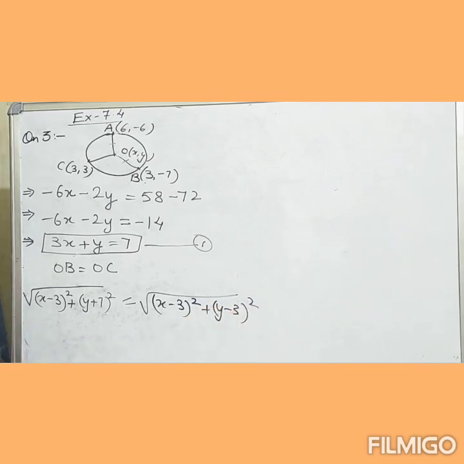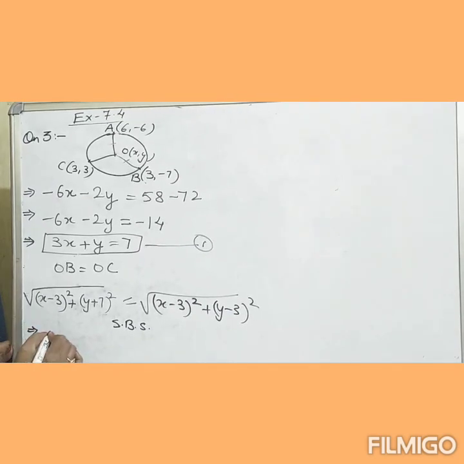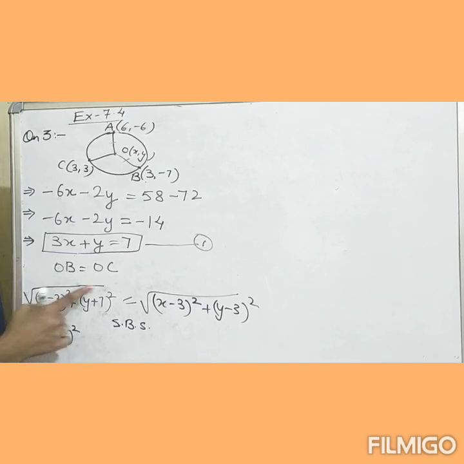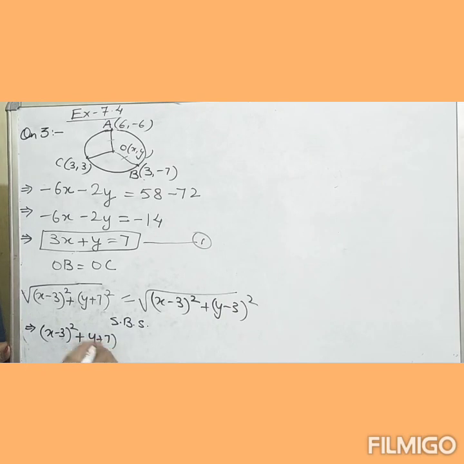Now I have to remove these square roots. For that I have to square it on both sides. Now I'll get x minus 3 whole square. Square will cancel out these square roots. Okay, so I am just left with the values without square root.